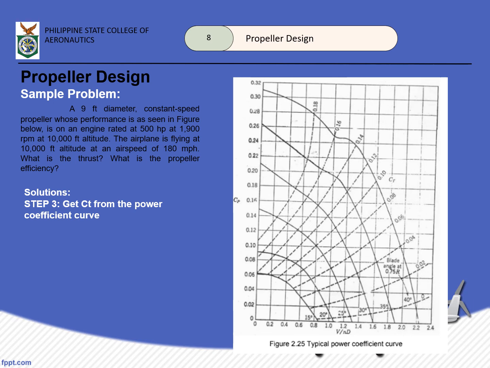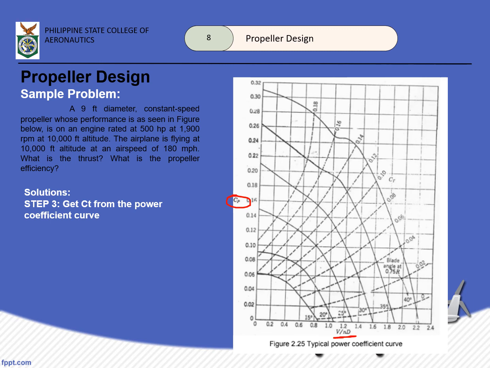As you can see, there is the advance ratio over here, which we have already solved. And the other component is CP, which we also solved earlier. So it makes sense that we use V over ND, our advance ratio, and our power coefficient to get our thrust coefficient. Again, what is our advance ratio? 0.93.